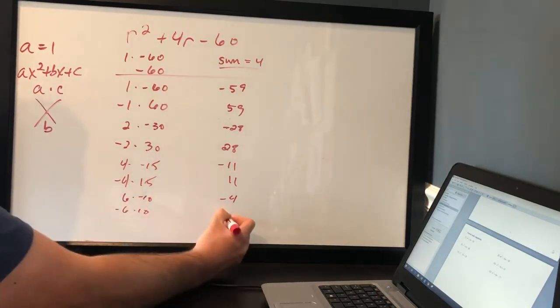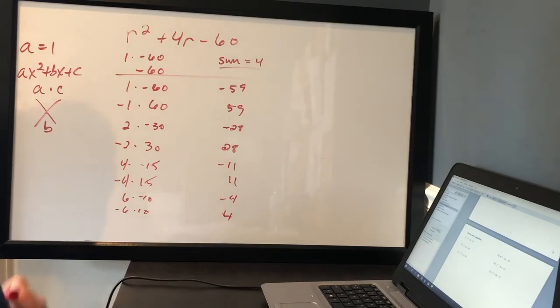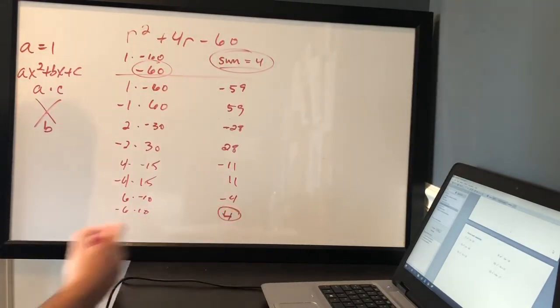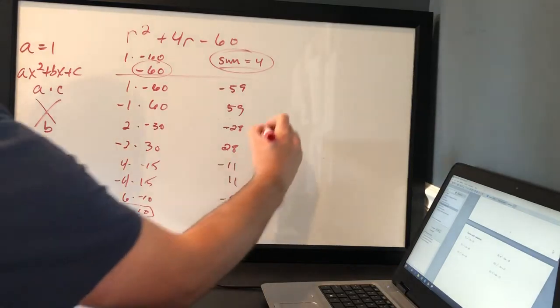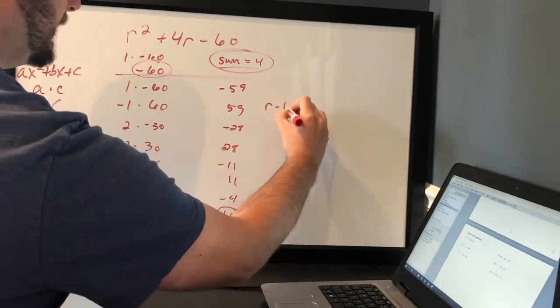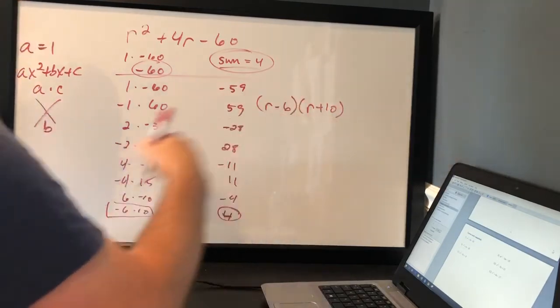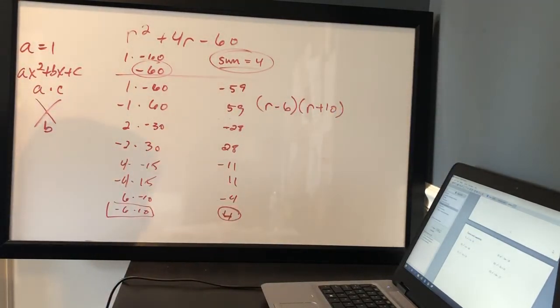Negative 6 and 10 is positive 4. So what are the two factors of negative 60 that add up to positive 4? Our factors are negative 6 and positive 10. So we would write our answer as r minus 6 times r plus 10.